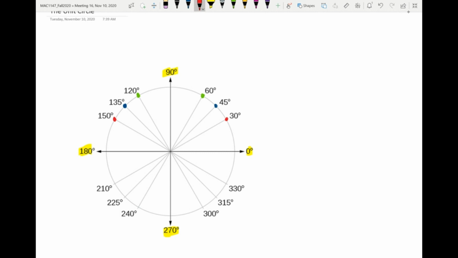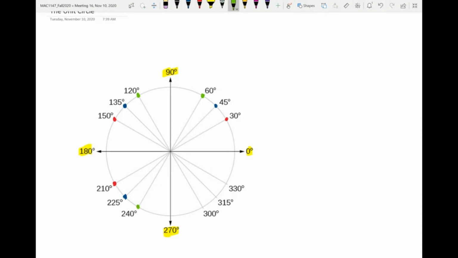Notice that when the quadrants are opposite to each other, you can get the reference angles by just adding, from quadrant 1 to quadrant 3, you add 180, right? So just draw a straight line, the one that's right opposed to it, that's the reference angle, okay? So what's the reference angle of 225? That's going to be the one that's right opposed to it. So that's 45. And what's the reference angle of 240? That's going to be 60.